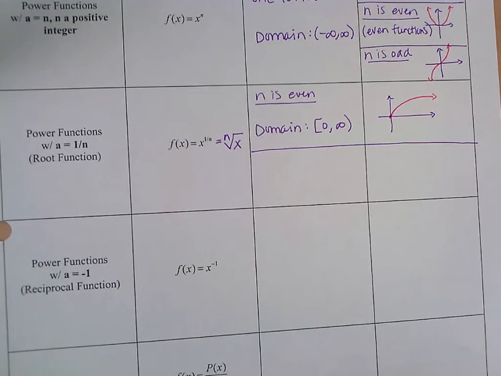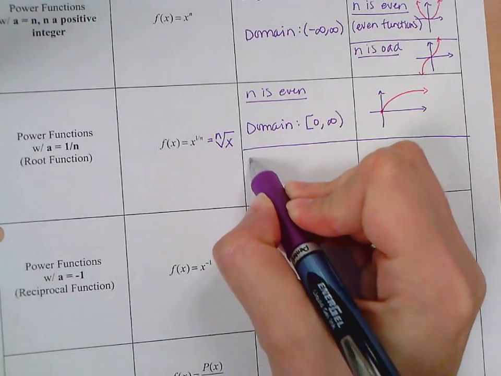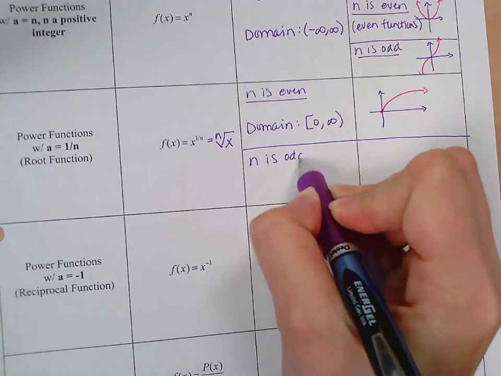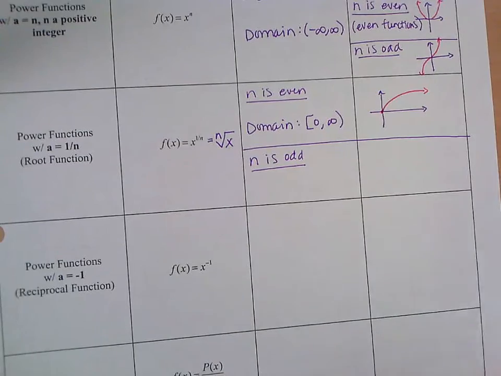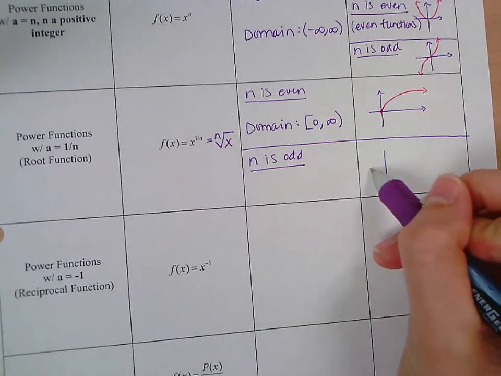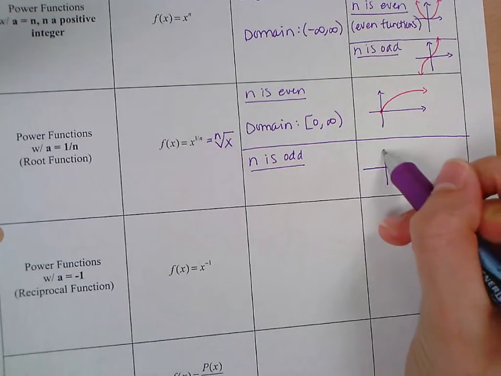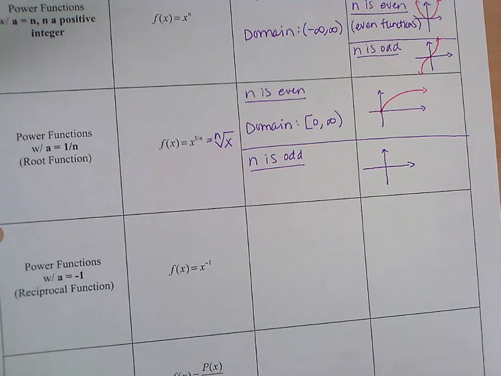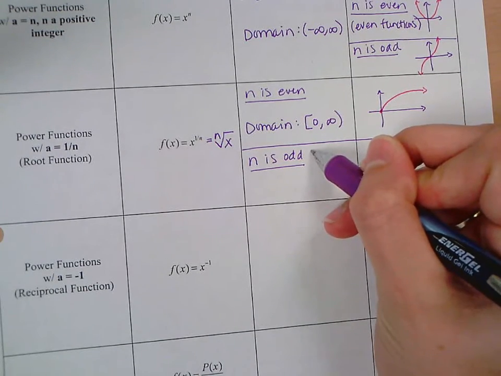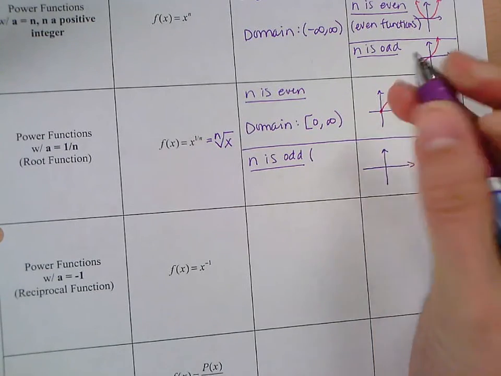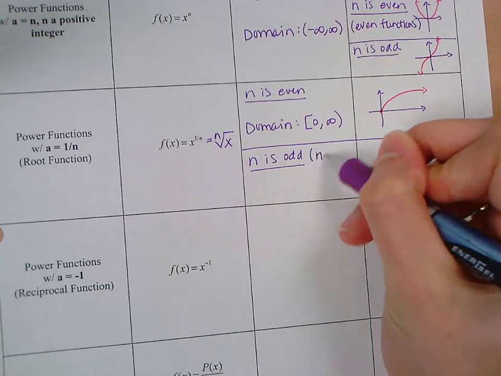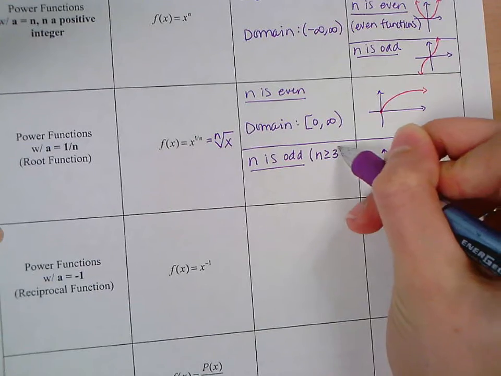Then if we look at odd values of n, this would be like cube root, fifth root, seventh root, ninth root. These graphs all resemble what the graph of the cube root function would look like. I'm also going to put here, after n is odd, n greater than or equal to 3.